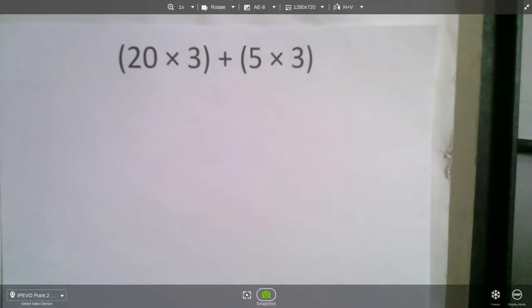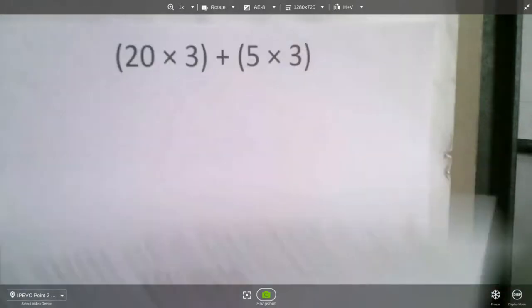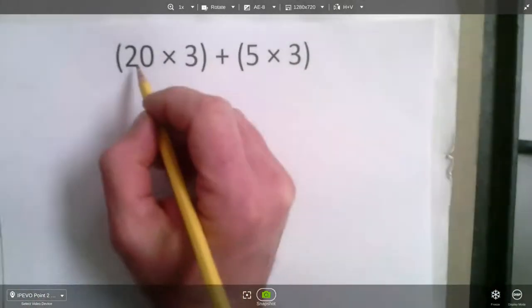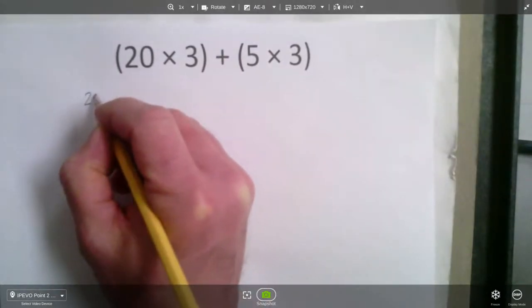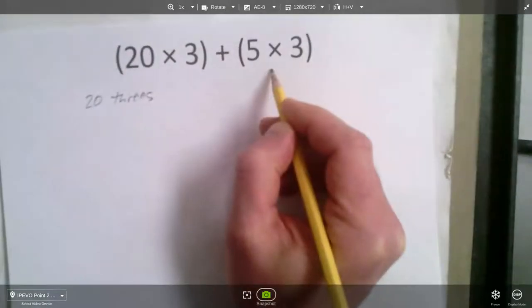This is like the problem we did before where we were looking at 2 12s and 4 3s. So how am I going to write this if it is 20 3s?